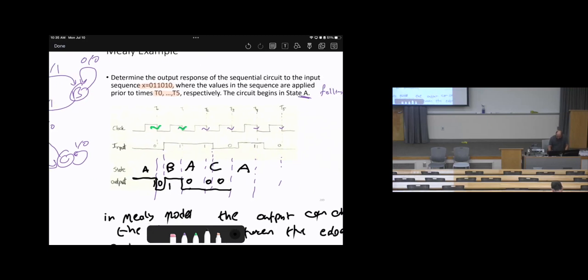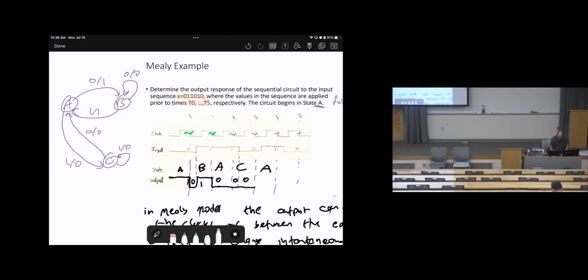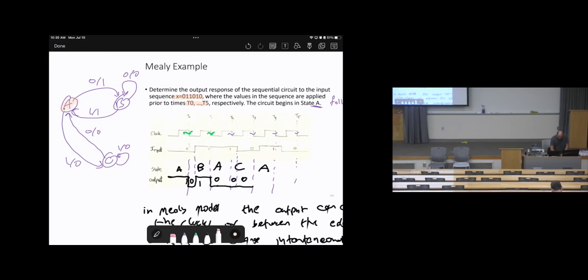When writing the state A, the input is 0. We are at state A. The input is 0, so the output will be 1. Therefore, the output will be switched to be 1.